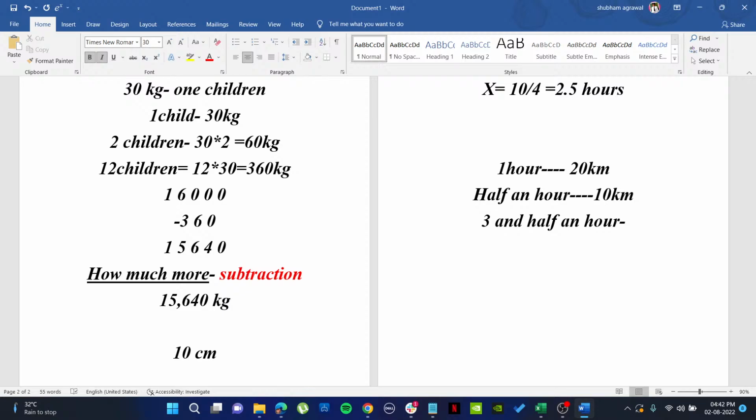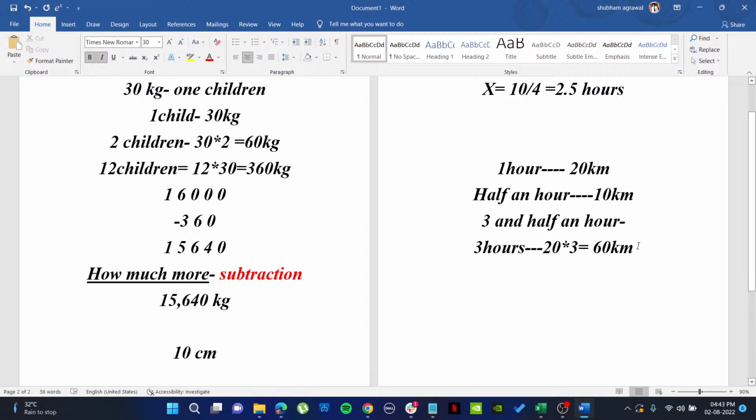For that, let's first figure out how much distance the boat will cover in 3 hours. In 1 hour, it is 20 km. For 3 hours, we can use the operation of multiplication: 20 times 3 is 60 km. But this is not our answer, because we need to calculate for 3.5 hours. For that, which operation should we be using?